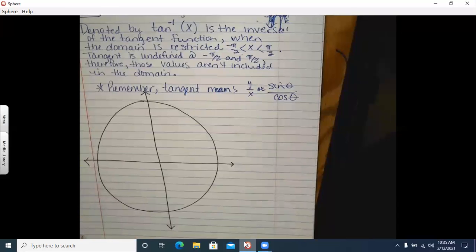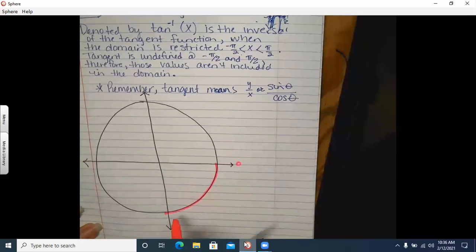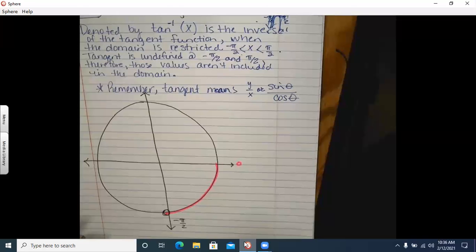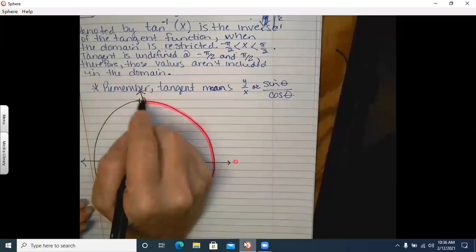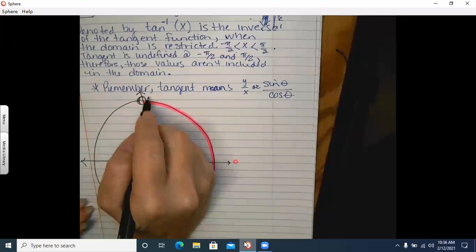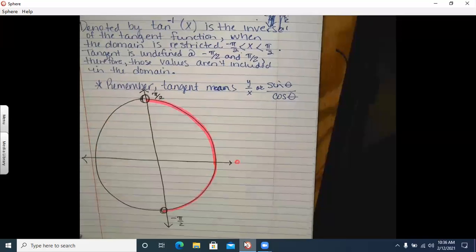And my domain is restricted from negative pi halves to positive pi halves. So if we started at 0, negative pi halves would be clockwise 90 degrees, right? And at negative pi halves, it's not included. And from that point all the way to positive pi halves, it is not included either because those are where the asymptotes are on the graph. Open circles there.